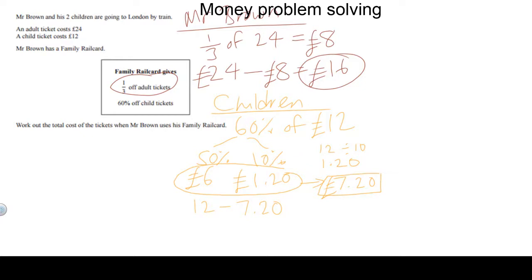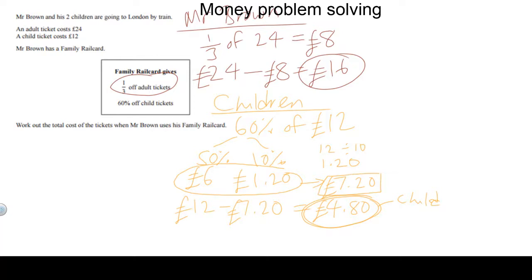Because remember, it's a discount, so we've taken away. That will leave you with £4.80. That is the price of one child. So one child ticket is £4.80.